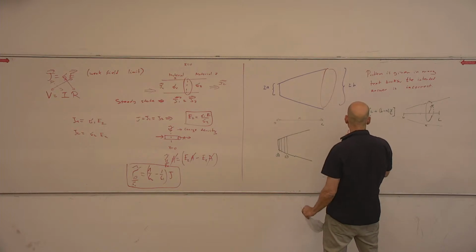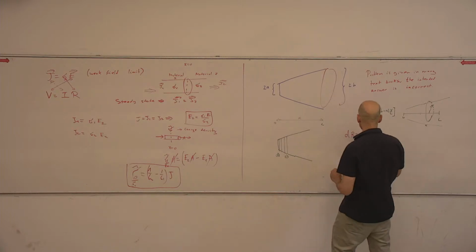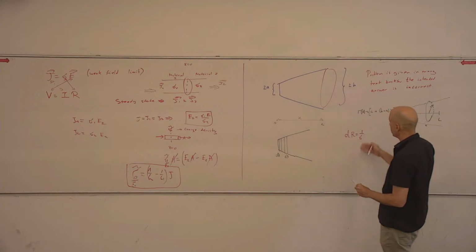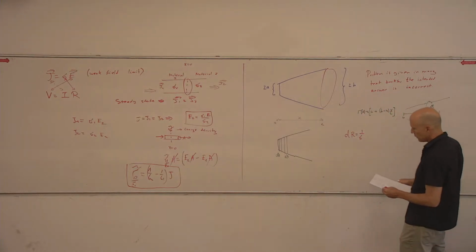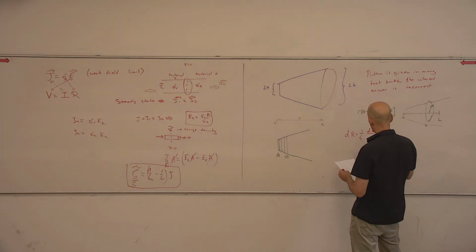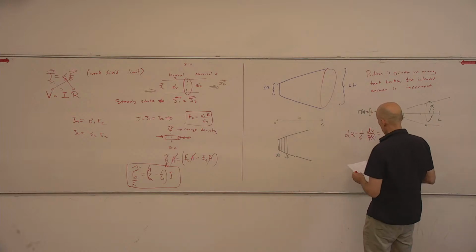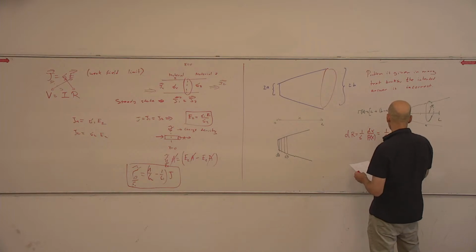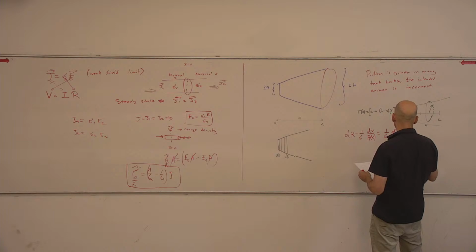What is dr? It's 1 over some sigma, that is a property of the material, times delta x over, let's call this A of x. And what is A of x? Yes, this is 1 over sigma dx over pi r squared of x.